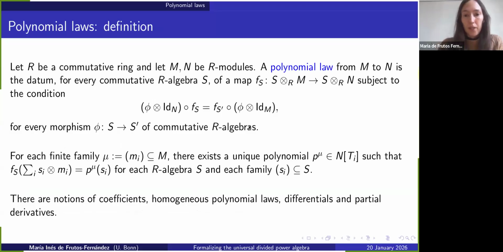So we have this compatibility condition for every pair of R algebras S and S prime related by a morphism.